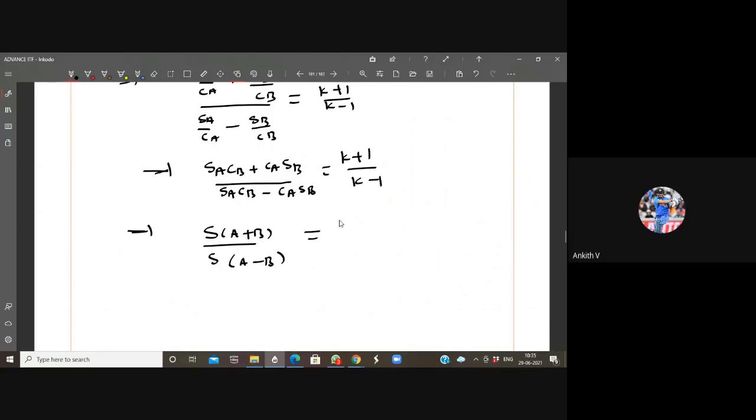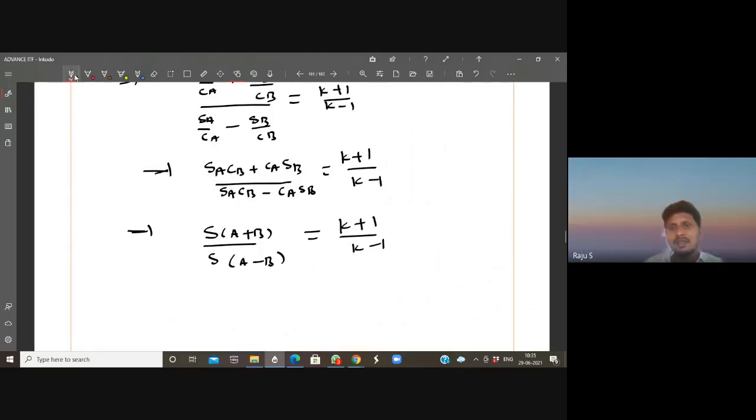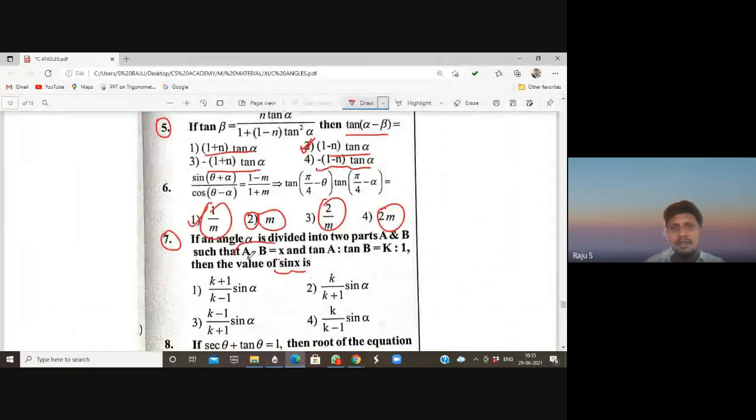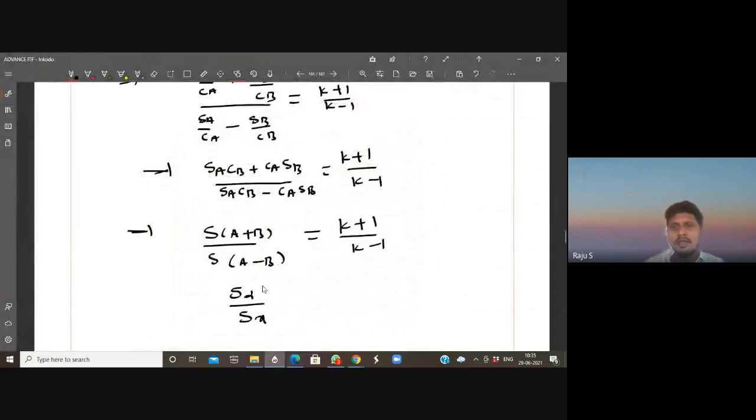A plus B is alpha, and sine of A minus B is x. A plus B means sine alpha by sine x. A minus B is already given as x, and alpha is divided into two parts, so when we add these two parts it must be equal to alpha. So the A plus B value is alpha and the A minus B value is x, so sine alpha by sine x is k plus 1 by k minus 1.